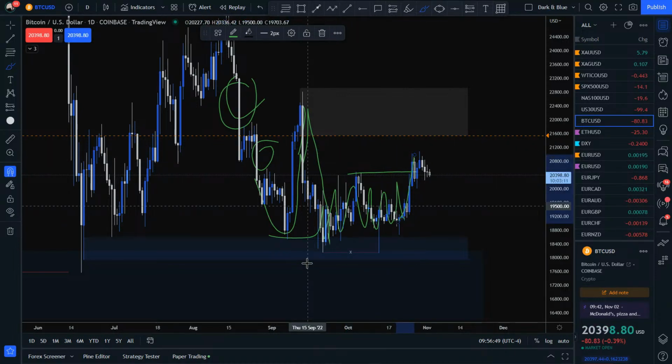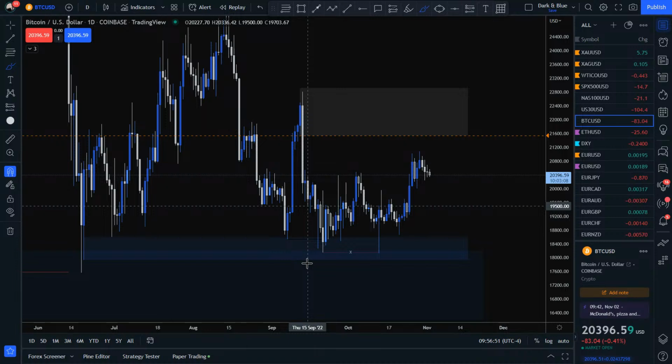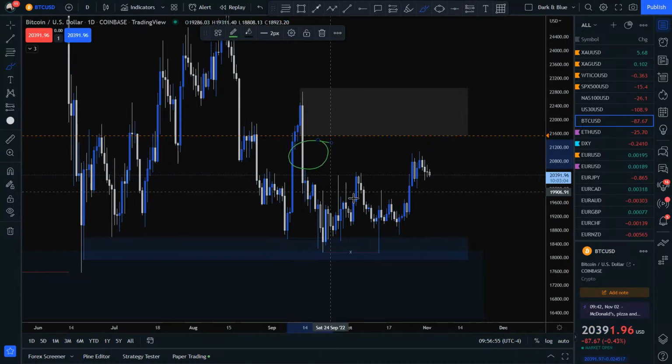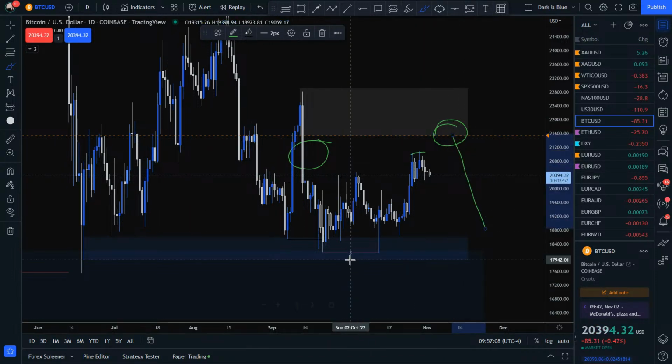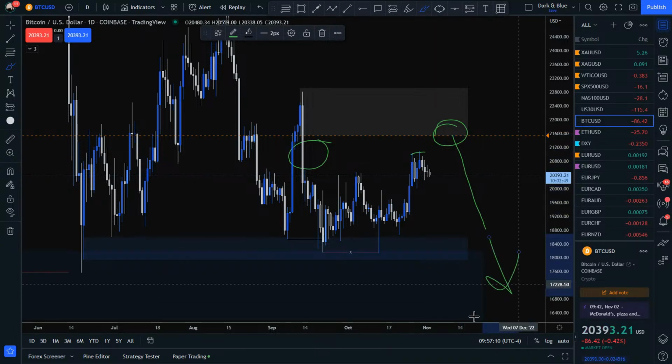But what are we doing? We're trading into another inefficiency, another imbalance. That's what we're doing. So I believe this area here will likely be a high probability trade to the bottom of the range.